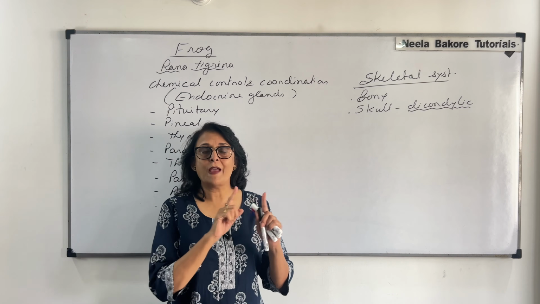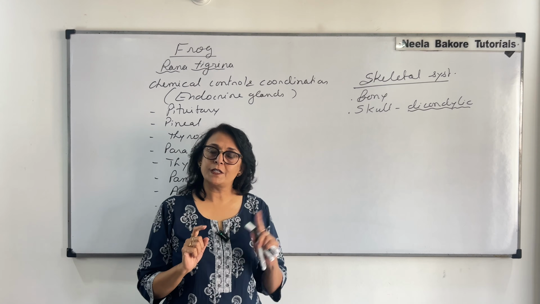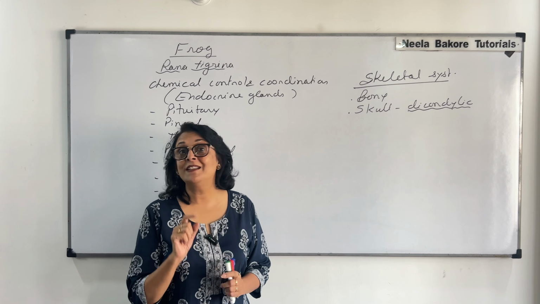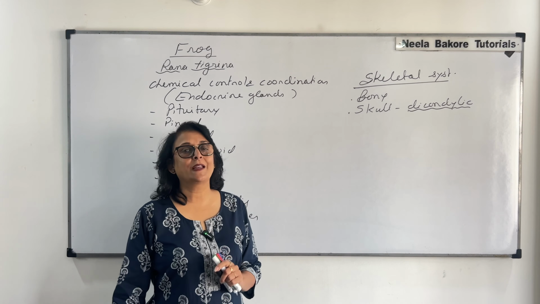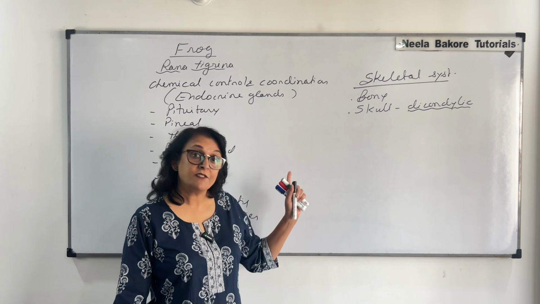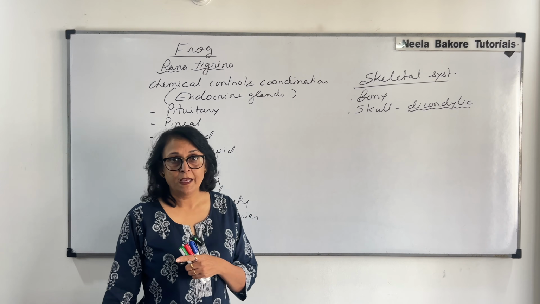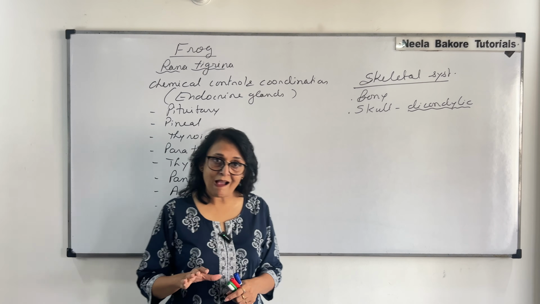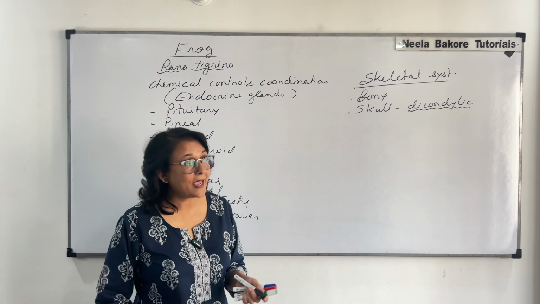So in case of amphibians and humans, when we are comparing, both of us have the same dicondylic skull. But the difference is in the number of cranial nerves. Frogs have 10 pairs of cranial nerves and we have 12 pairs of cranial nerves. So this question has been asked and there are chances that a similar question can be asked again.